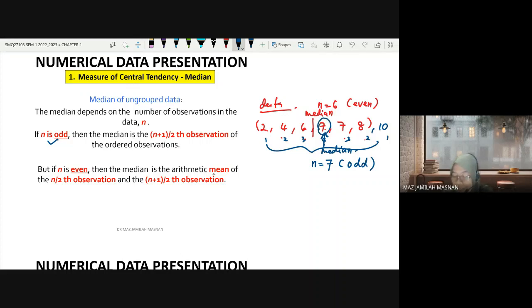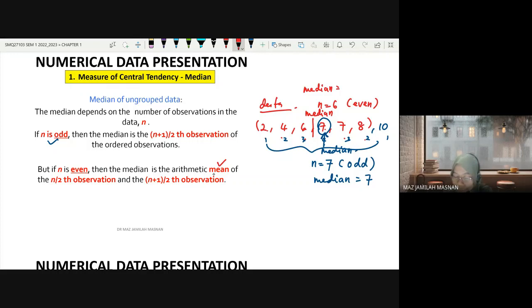So if n is equal to 7, the median is equal to 7. Coincidentally, 7. But when my n is even, it will be located in between 6 and 7. How can I get my median? If my n is even, you add the two and take the arithmetic mean.